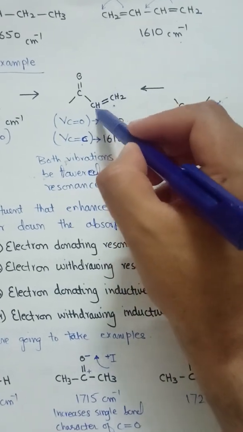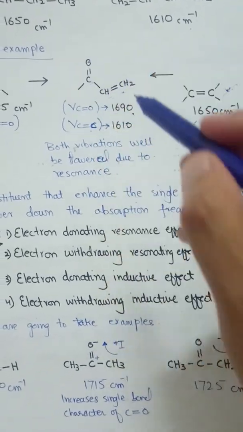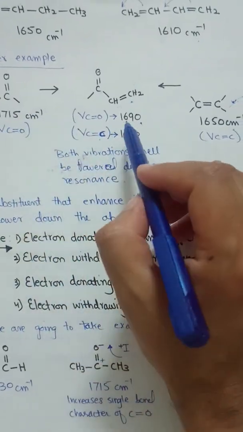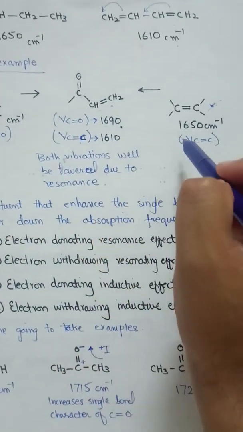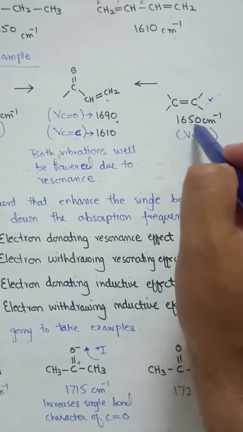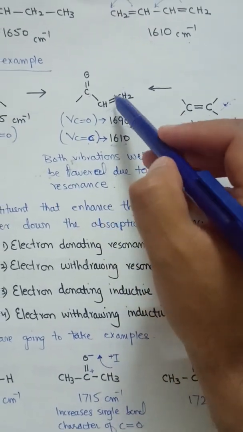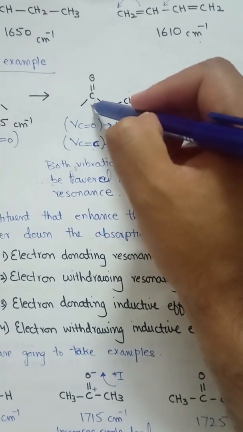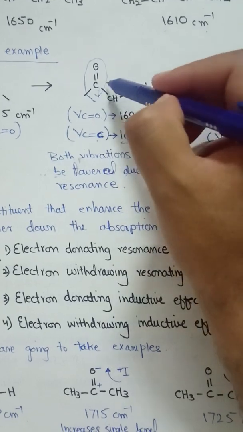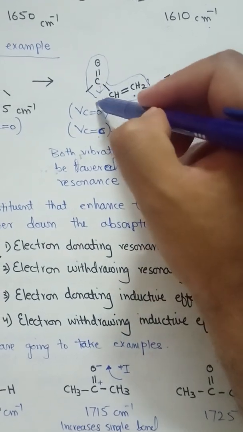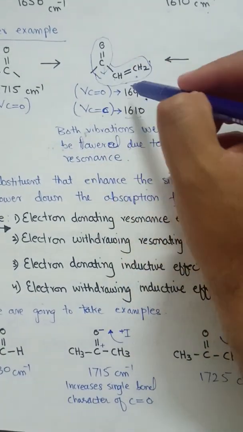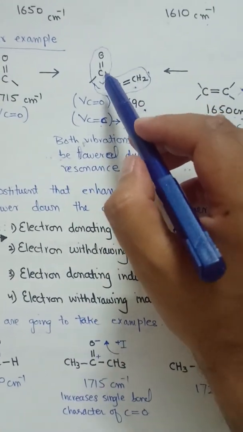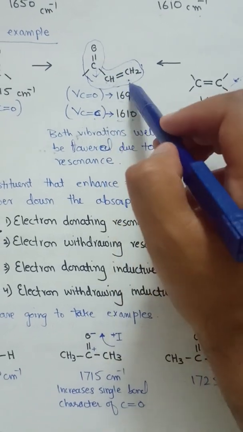So if you look at both bonds, the frequency decreases from 1715 to 1690, and here from 1650 to 1610. The absorption frequency of this bond also decreases because it is now in conjugation with this carbonyl system. So both produce an effect on each other, and the frequency of both of these bonds decreases.